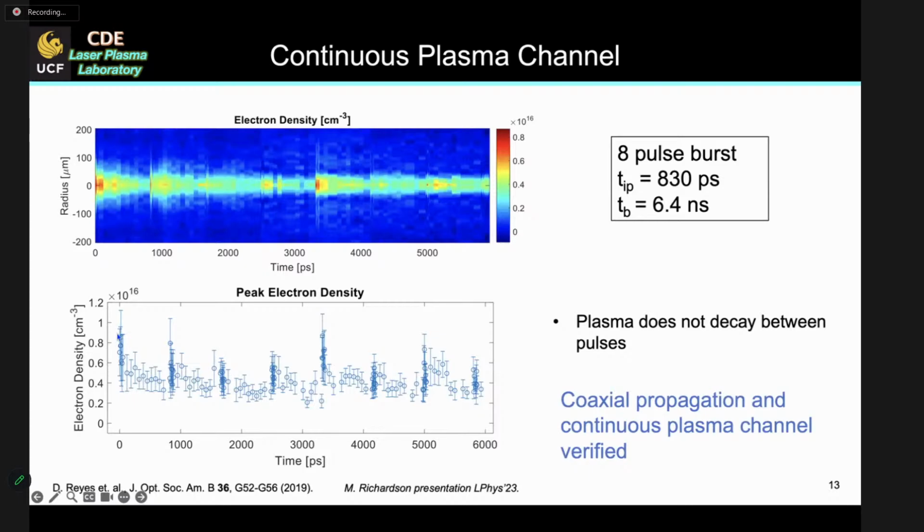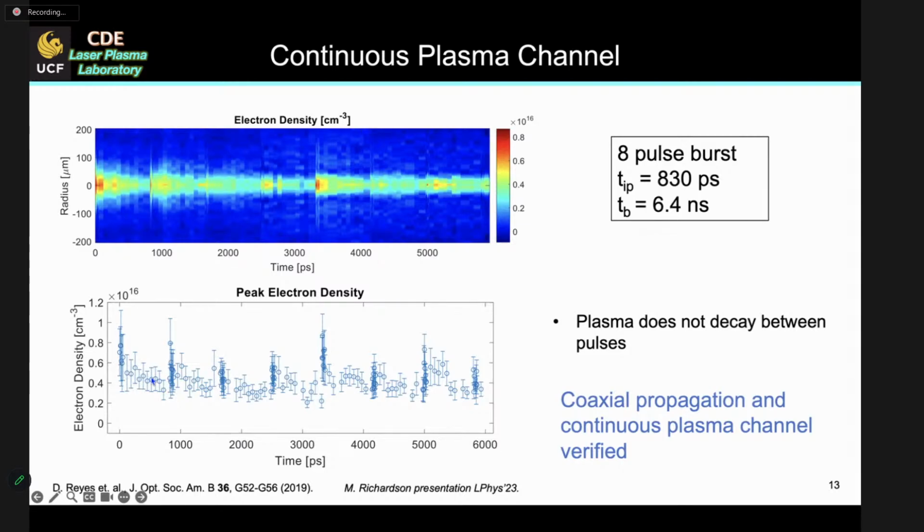The intensity is clamped, but so is the electron density. And so we see that the electron density starts off at its clamped density of just under 10 to the 16 electrons per cc, and then exponentially decays down to around half of that.